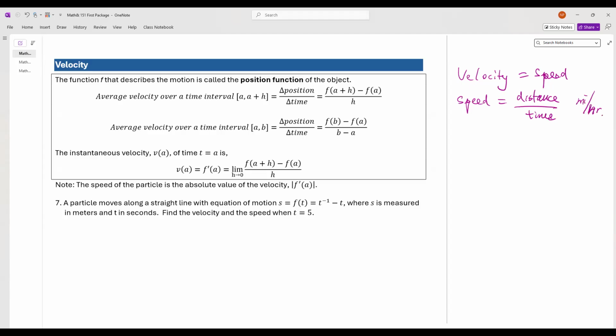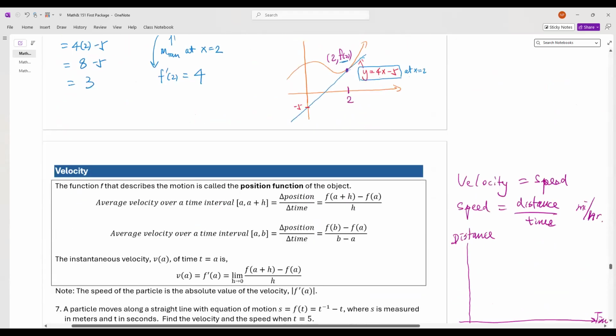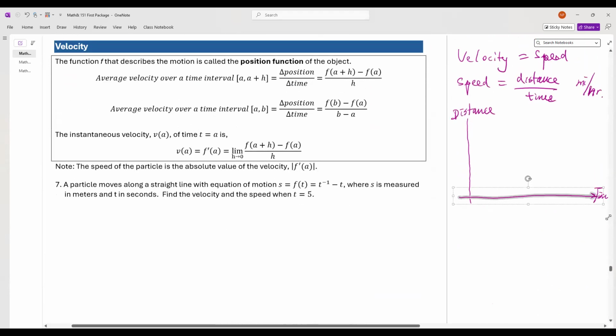Okay. So if you look at a function related to distance and time, then maybe we call the function f here, okay?